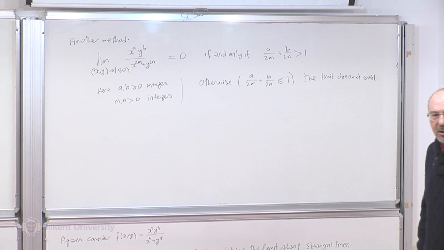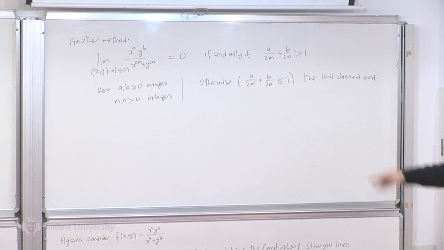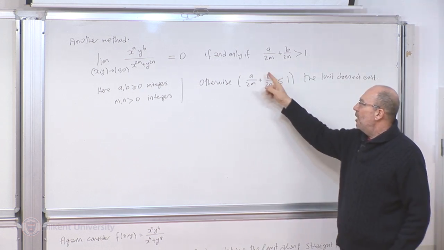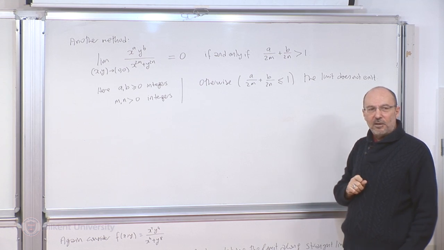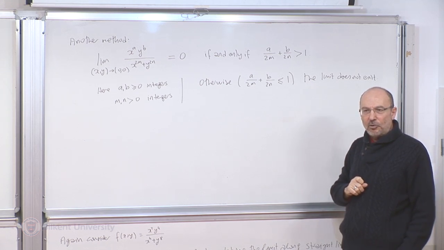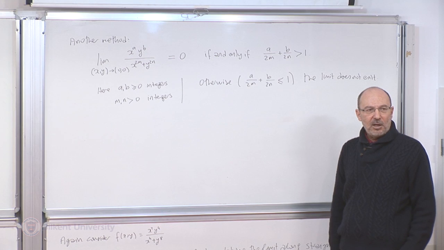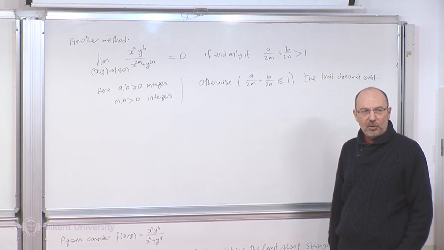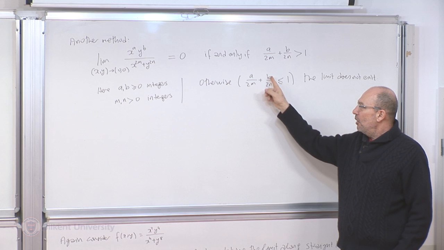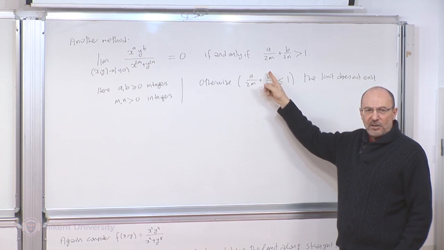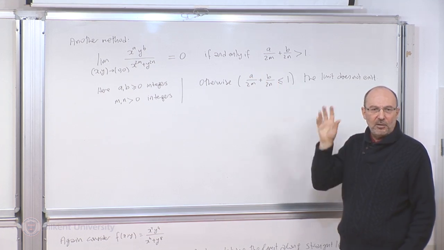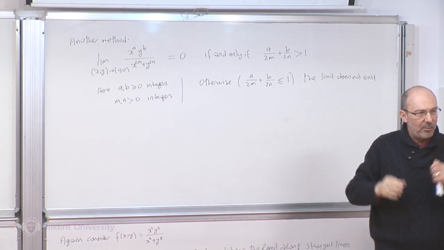So you can prove this in a general case. You see that these a and b tell how fast the numerator is going to 0. These 2m, 2n tell us how fast the denominator is going to 0. So if the numerator is going to 0 faster than the denominator, the limit is 0. That's how you remember these things.